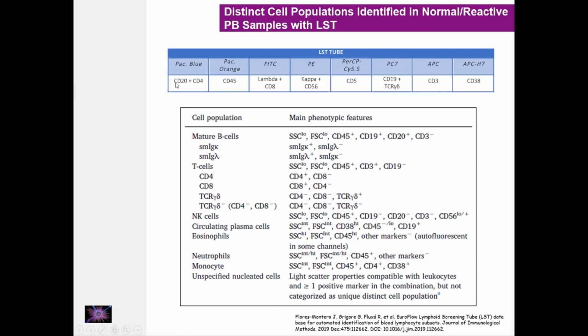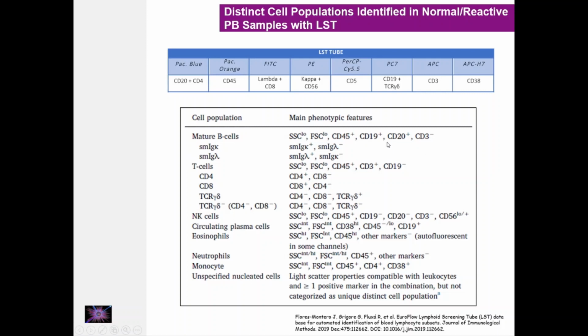And as such, we have in some fluorochromes more than one antibody, in fact 2 antibodies, as is the case of CD20 plus CD4, lambda plus CD8, kappa plus CD56, and CD19 plus TCR gamma delta.